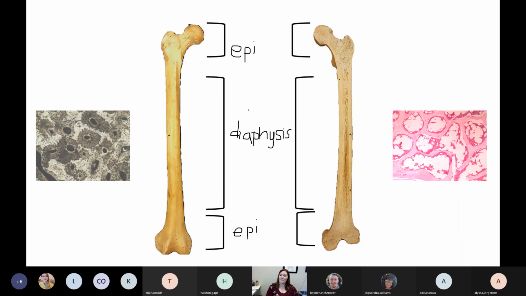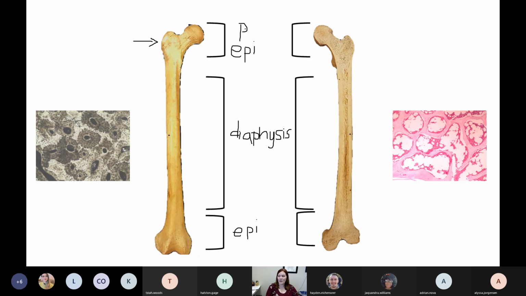When I am talking about the end up here that's going into my hip joint, would this be the proximal or the distal epiphysis? What word do you think we'd use for this end or this epiphysis? Yeah, so I've got a couple of us who've chimed in.